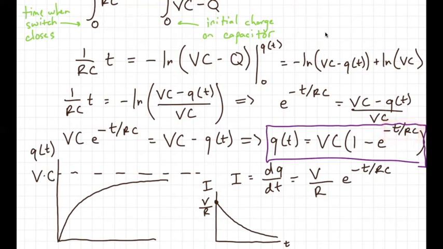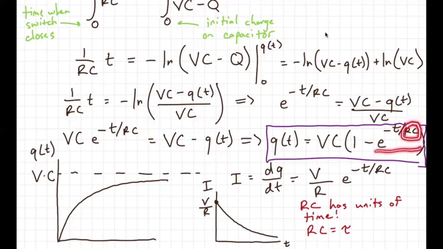RC has units of time. And this thing, RC, is called tau, the time constant. That sets the time scale here. If I turn up RC in this equation, then this whole term doesn't decay as quickly because it takes longer to reduce the value here.